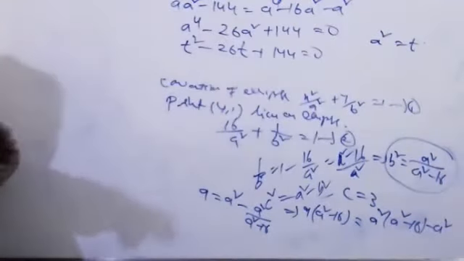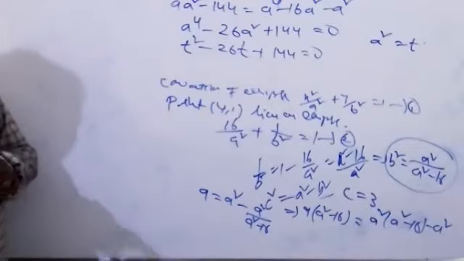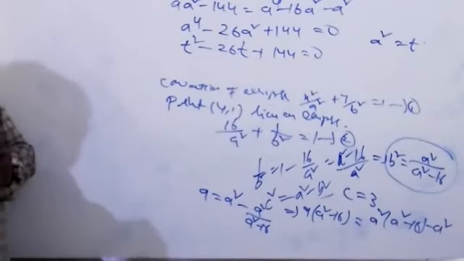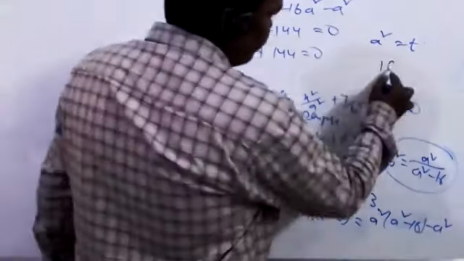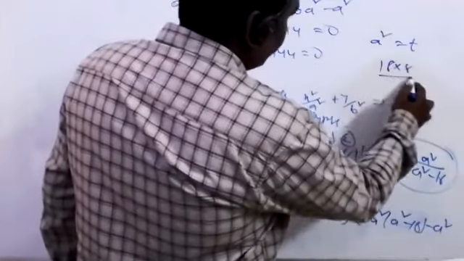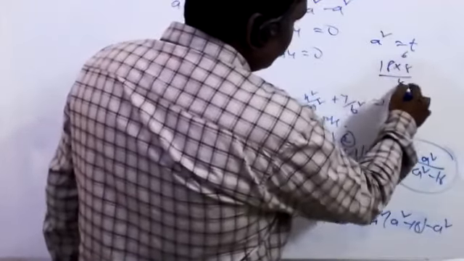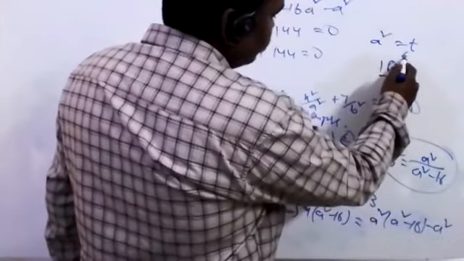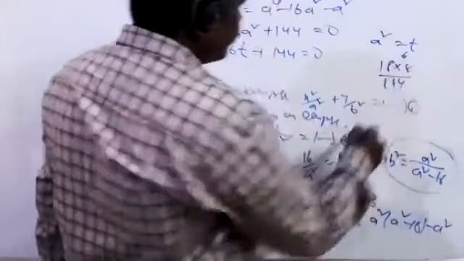Then factors of 144, the middle term is 26: 18 and 8. Yes, correct.